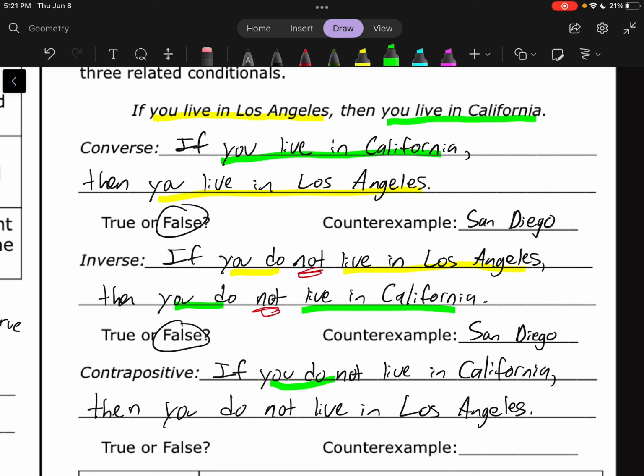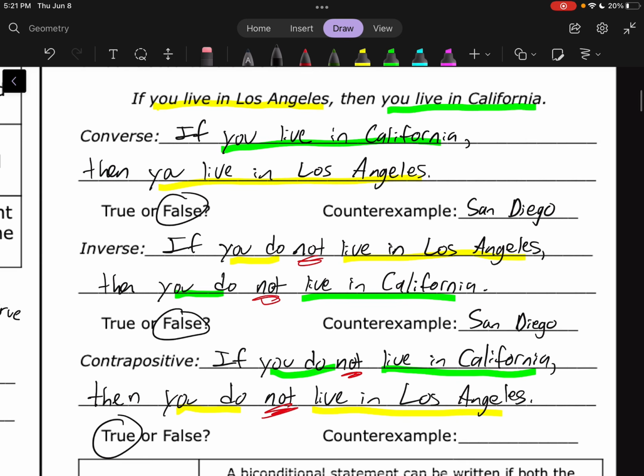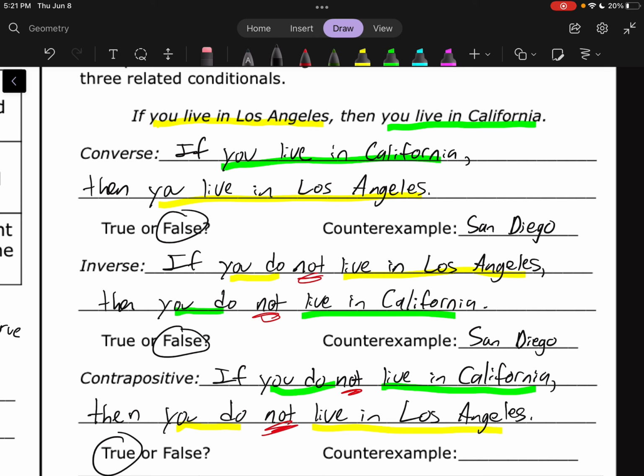And how did we do there? We put the original conclusion up front, we put the original hypothesis in the back, and we threw the word not in there. So that's a good contrapositive. And is that true or false? That is true. If you don't live in California, that means you're not living in Los Angeles. So no counterexample needed here. Remember, we only do counterexamples when we're trying to show why something is false.